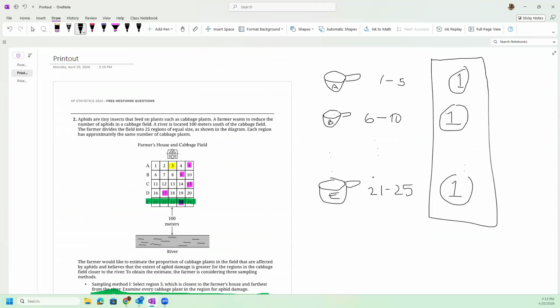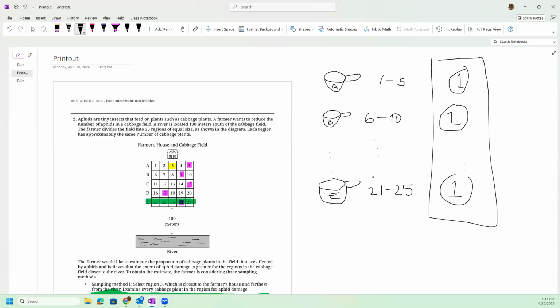I want you to note what number that is. I want you to repeat the process for the other 4 rows. Okay, you got 5 numbers sitting in front of you now, Grandma. What I want you to do is go out to the field, go to that region, count how much aphid damage there is in each one of those regions, and compare them for me. That's what the process is. That's how we describe a random process.